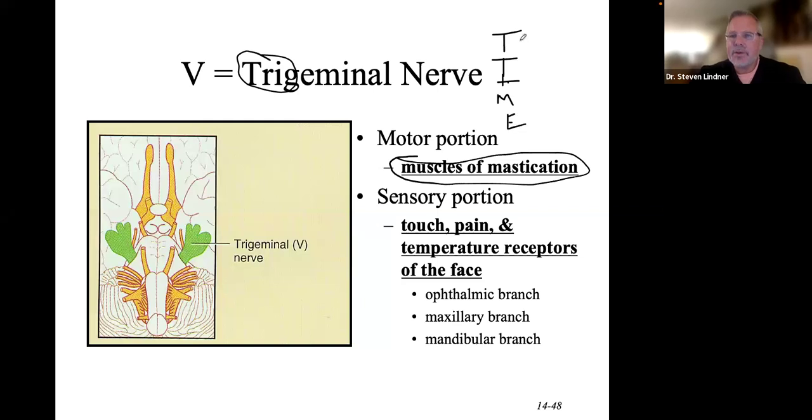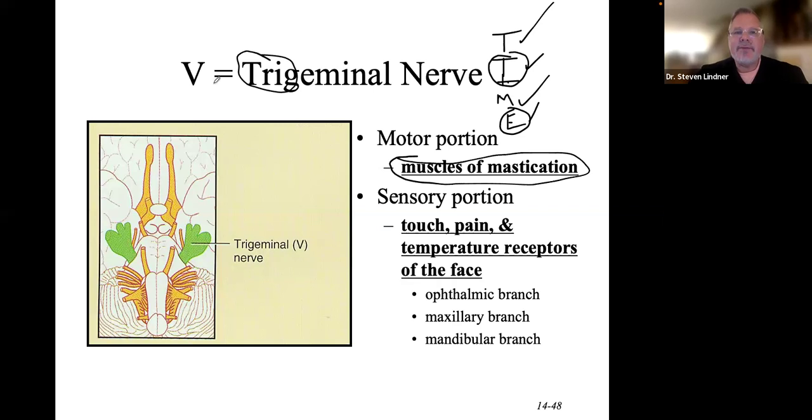And that's for temporalis, masseter, and the I and the E. The I is for internal, the E is for external. There's an internal and external pterygoid. So the temporalis, the internal pterygoid, the masseter and external pterygoid are your time muscles. Those muscles of mastication for chewing are controlled by the trigeminal nerve.